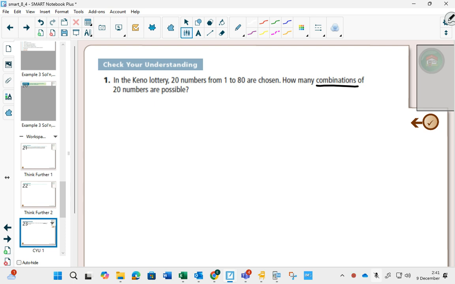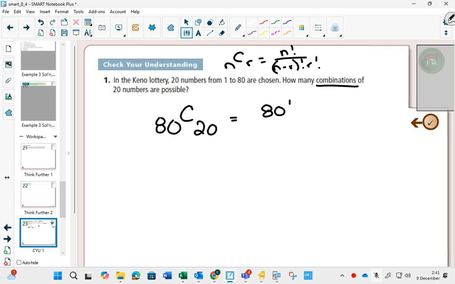So what's interesting about this is 80 numbers, and you choose 20 of them. Now the reason the formula for combinations is really easy to remember is not because the notation looks beautiful. I think that's how it's written on your formula sheet. The notation doesn't necessarily look beautiful, but it's really easy to remember because the 80 goes on the top.